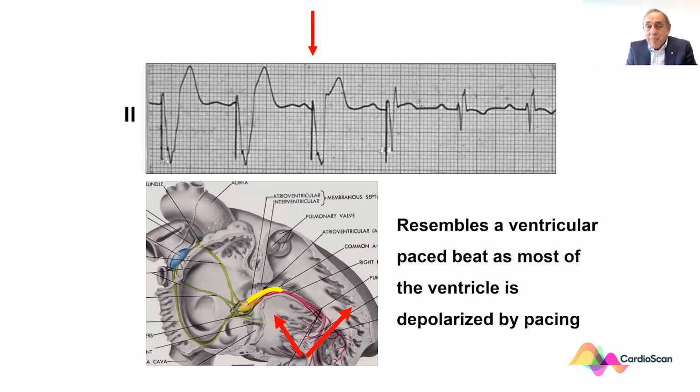So just some of the area, probably around the septum, is depolarized by the sinus mechanism, and the rest is by the pacemaker. Hence, 95% is coming from the pacemaker.